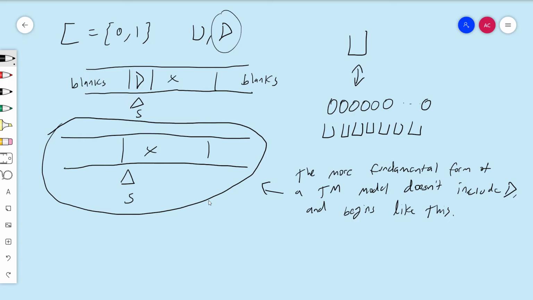That said, the triangle can be useful sometimes, and it's helpful for newcomers to understand what's going on. So I wouldn't change my original definition, where the standard is to have an input configuration like this. But once you've gotten used to how things work, you should assume that this triangle really isn't there anymore, and that the Turing machine begins like this. If you keep both of those things in mind in the upcoming proof, you'll have an easier time understanding what's going on.